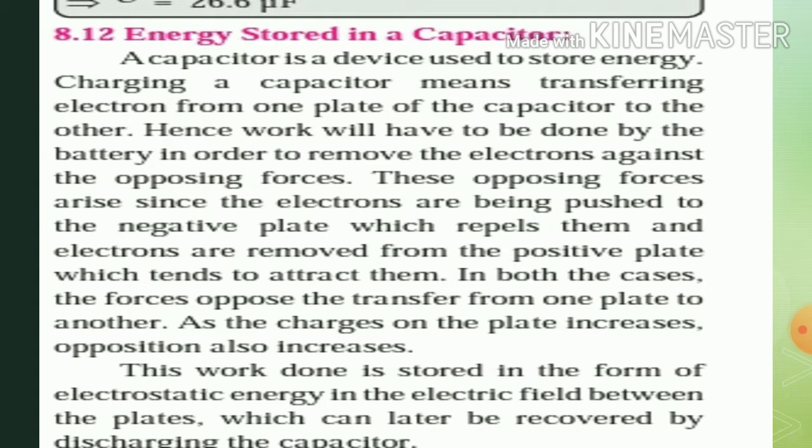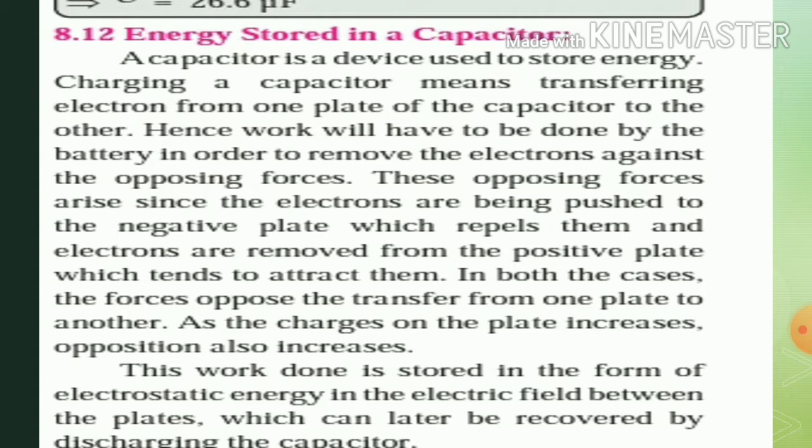These opposing forces arise since the electrons are being pushed to the negative plate, which repels them, and electrons are removed from the positive plate, which tends to attract them. In both cases, the forces oppose the transfer from one plate to the other.